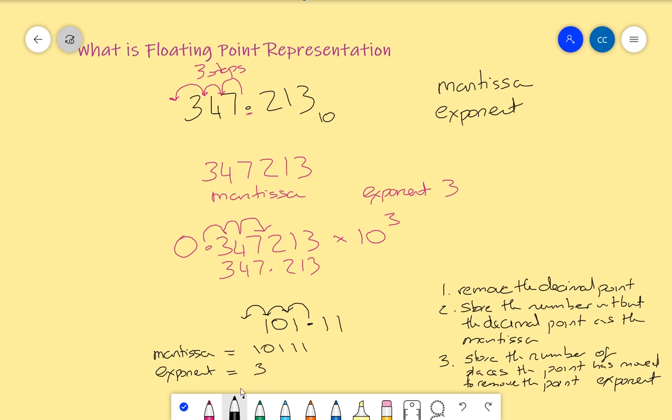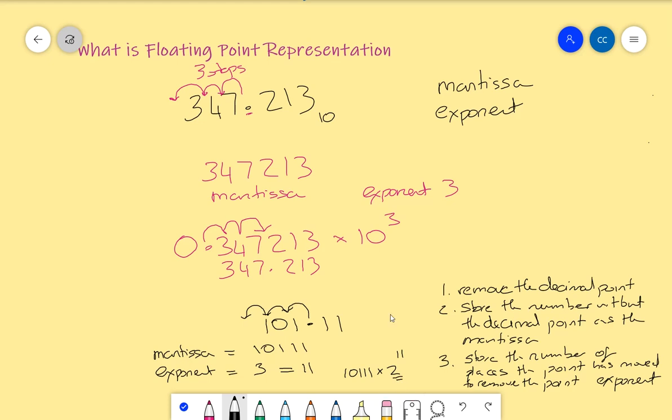We can't express it as a decimal 3 because it's got to be turned into binary. So this 3 is actually 11. So this number could be written as 10111 mantissa times base 2 to the power, the exponent 3. And it's written in binary. The base 2 is binary.